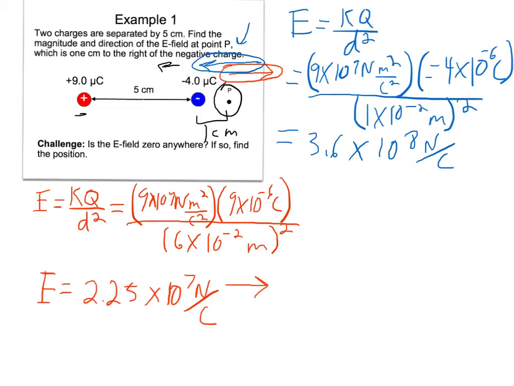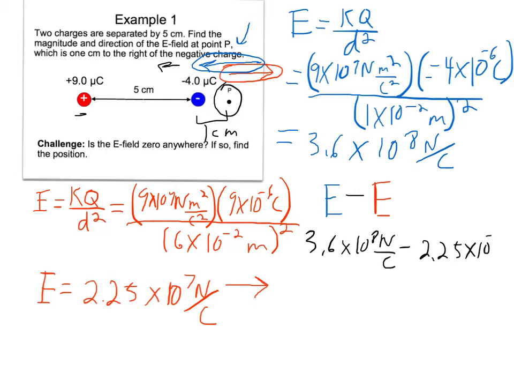So that would be the blue vector minus the red. So 3.6 times 10 to the 8th minus 2.25 times 10 to the 7th. 3.6 times 10 to the 8th newtons per coulomb minus 2.25 times 10 to the 7th newtons per coulomb.